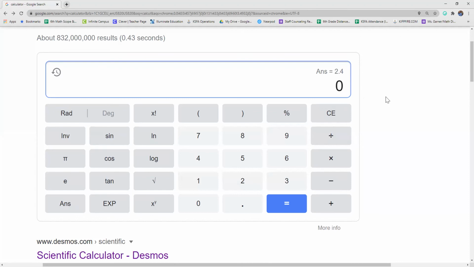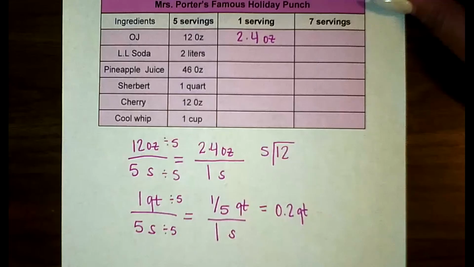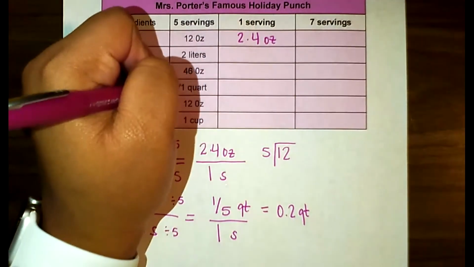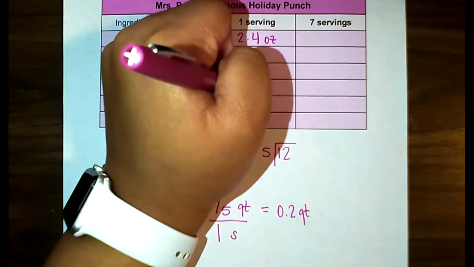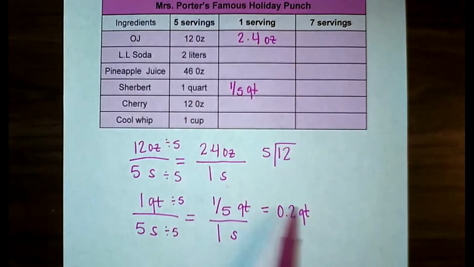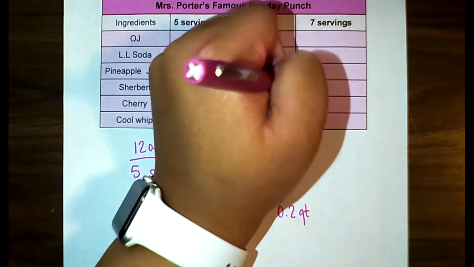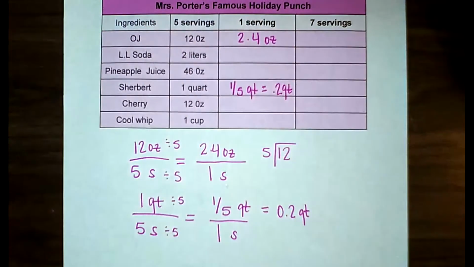If I need 1 serving, I'm going to need less, so I'm going to do 1 divided by 5. 1 divided by 5 is 0.2, which is the same thing as 1/5. So this lets me know that for the 1 quart, I will need 1/5 of a quart for my 1 serving of sherbet, or 0.2 quarts. We know those equal the same thing.